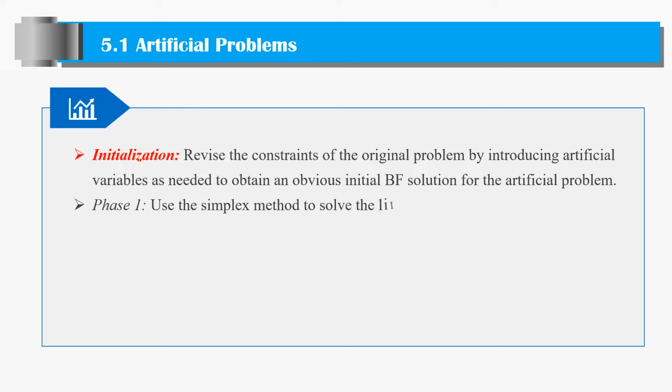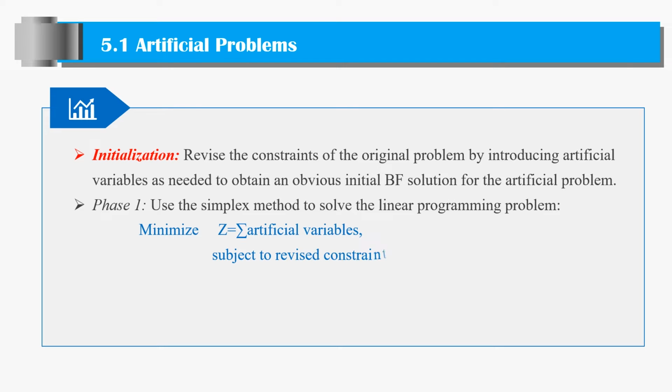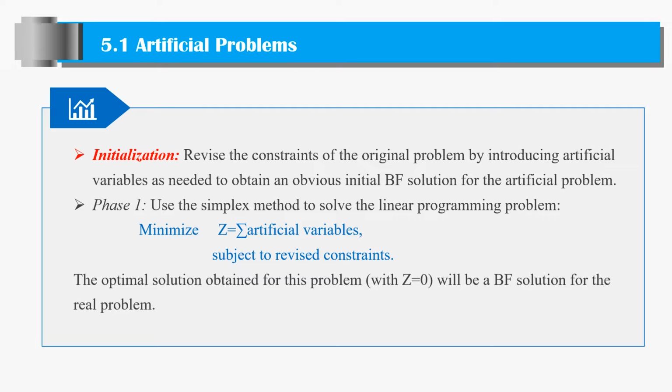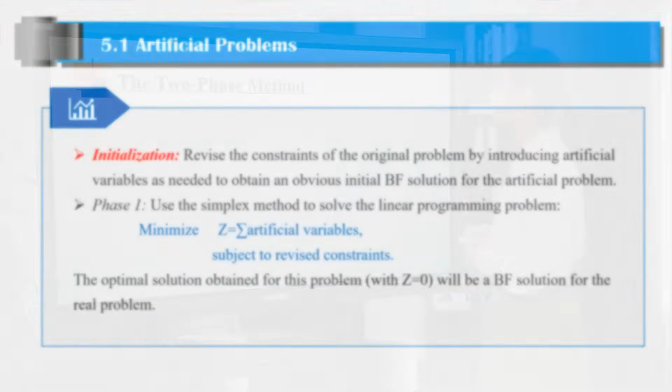And then, in phase 1, we use the simplex method to solve the linear program problem of minimizing z, where this objective function is the sum of all the artificial variables subject to the revised constraints. And then the optimal solution obtained for this problem, ideally with z equals 0, will be a BF solution for the real problem.